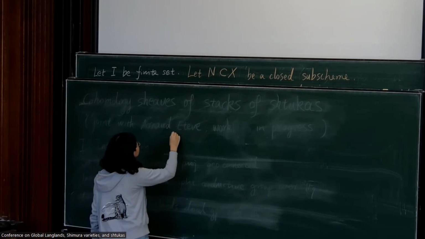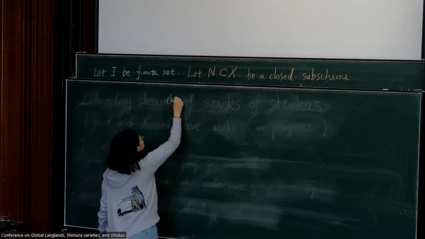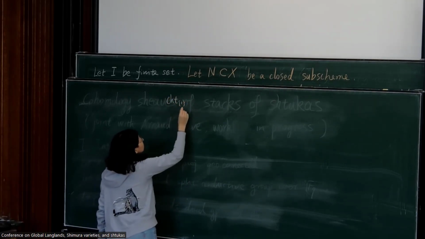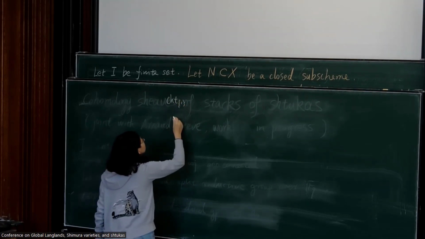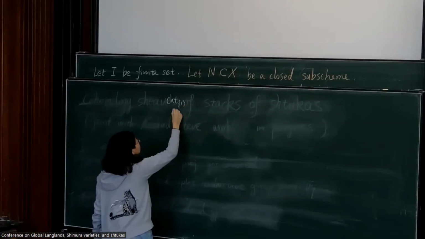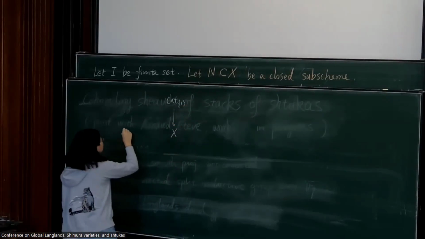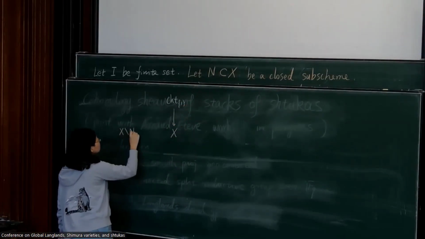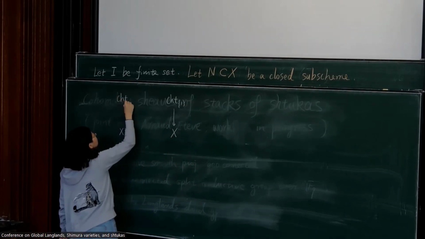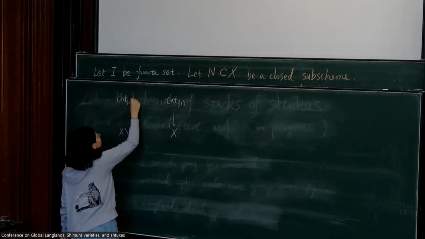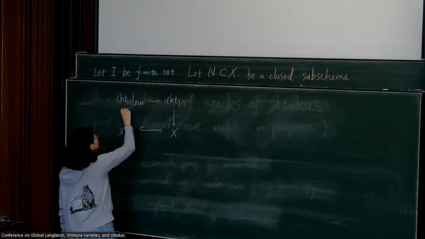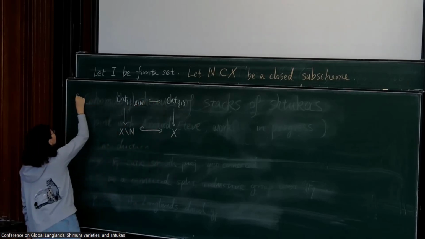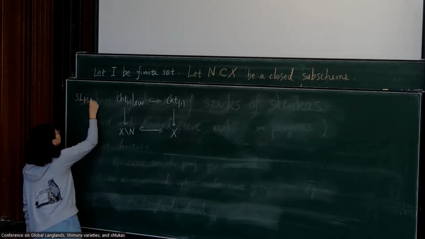So let's consider a shtuka with one leg. I is a singleton. Over X minus N, we will have the sheaf SL_1.